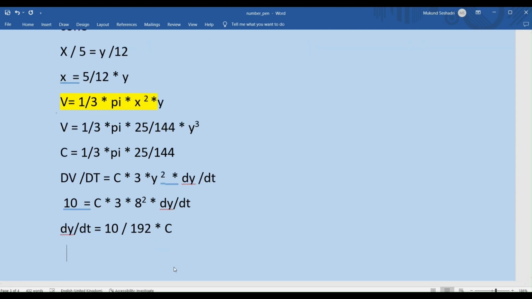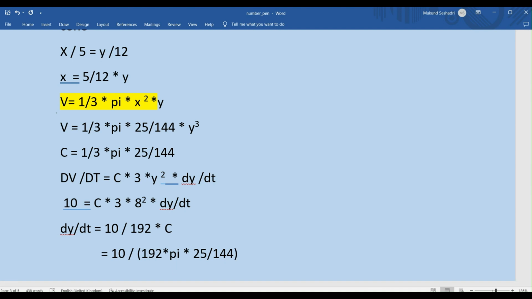Now we'll go back to c. 10 divided by 192 into pi into 25 by 144, right?